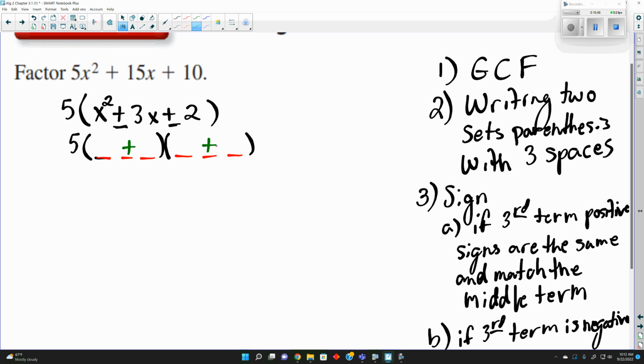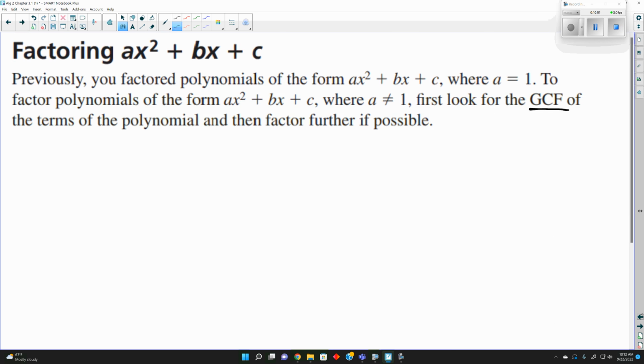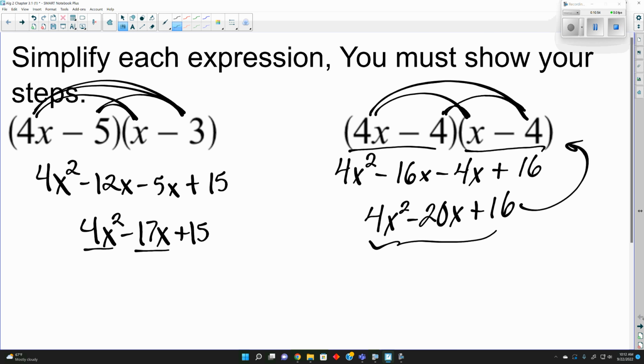So, there's a reasoning behind this, because just like with this here, the third term is 16, yes? Where did we get 16 from? So our negative 4 times negative 4, yes? If it's negative and negative, well, a negative times a negative is a positive. If they were both positive, well, a positive times a positive is a positive. It's still positive, yes?